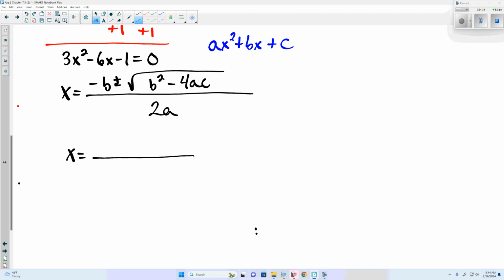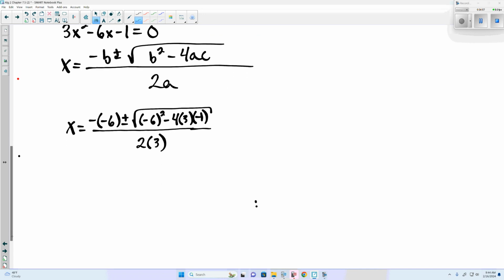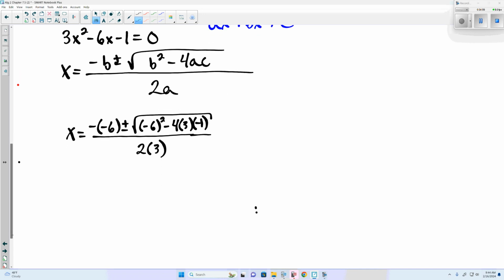So for us here, we have negative negative 6 plus or minus the square root of negative 6 squared minus 4 times a, which is 3, times c, which is negative 1, all over 2a. Now, out of all of this here, negative negative 6 is positive 6. 2 times 3 in the denominator is 6.